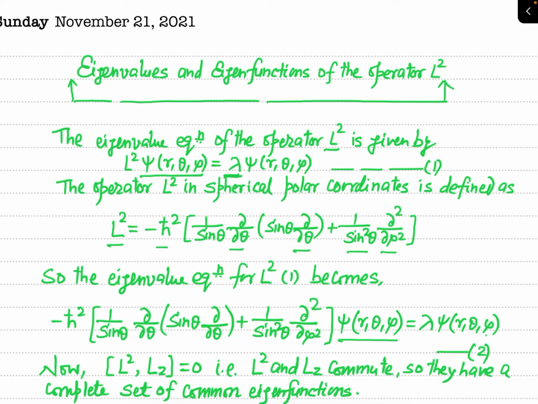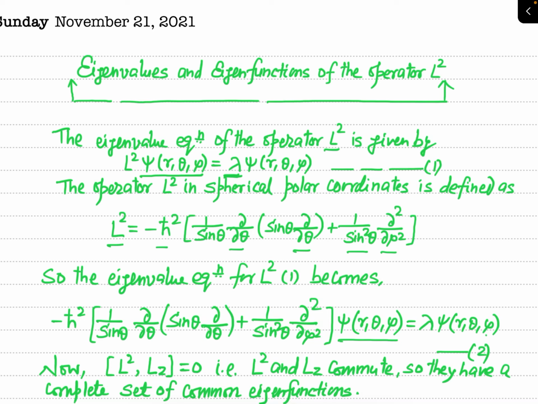Now in the earlier lecture you have seen how we can find the eigenvalue and eigenfunction of the operator Lz. One thing I have discussed in the lecture on commutator algebra is that if two operators commute, then definitely those two operators have a common set of eigenfunctions.